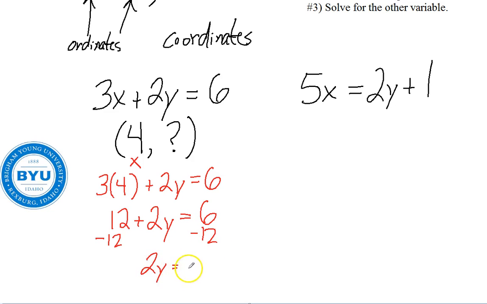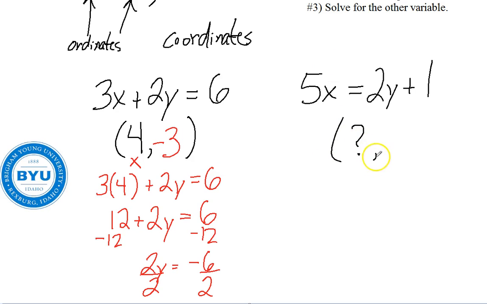I get 2y equals negative 6. We divide by 2 to get y equals negative 3. And so that's my missing value, the missing value that I would put in the coordinate, negative 3, because negative 6 divided by 2 is negative 3.